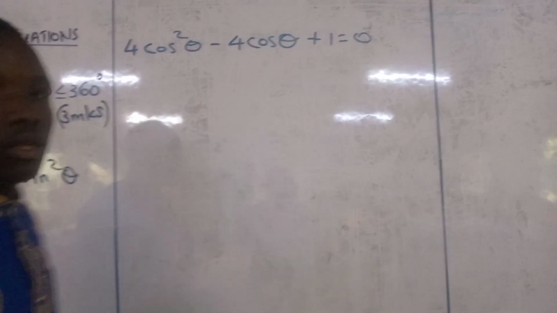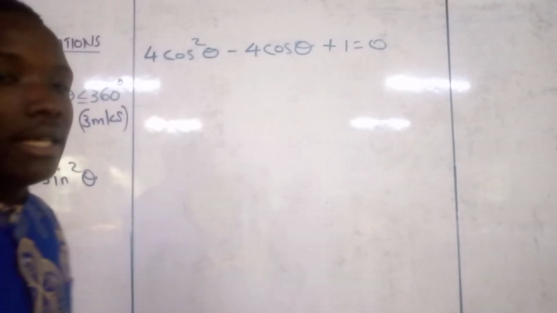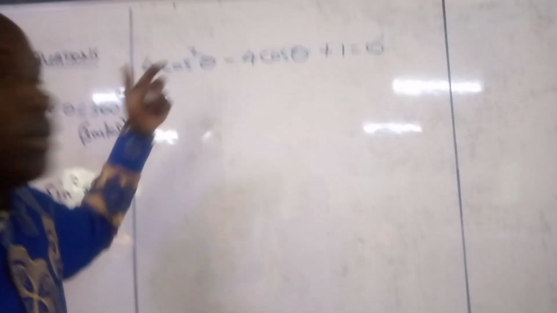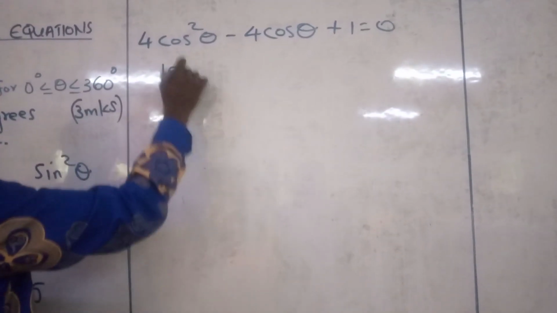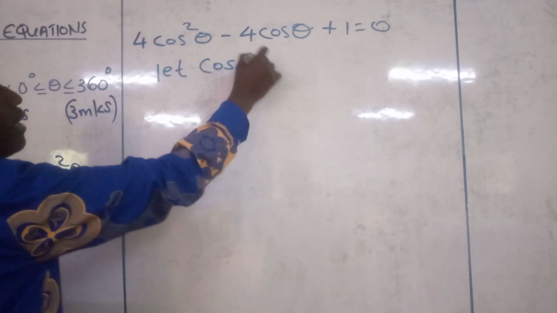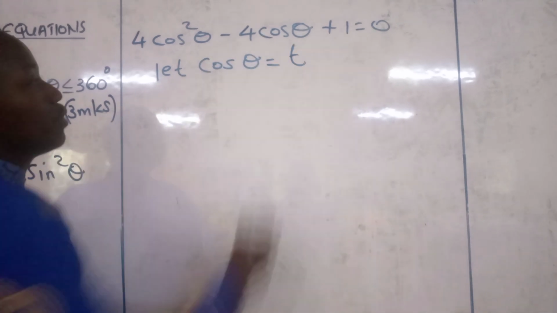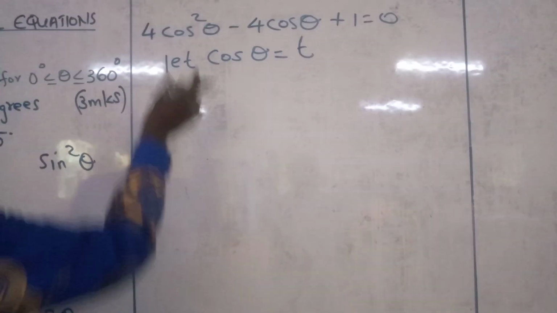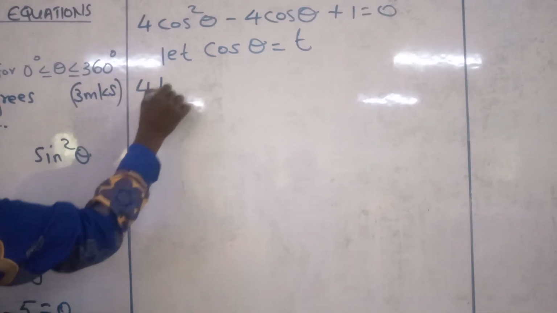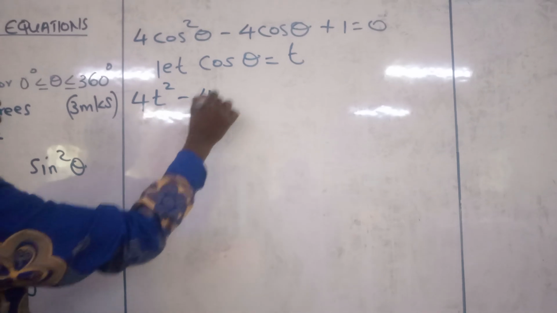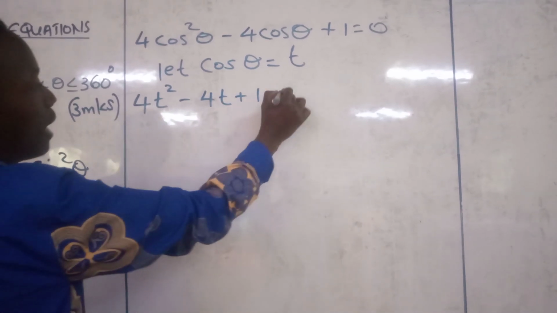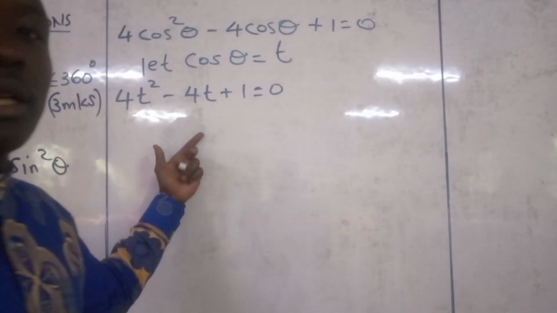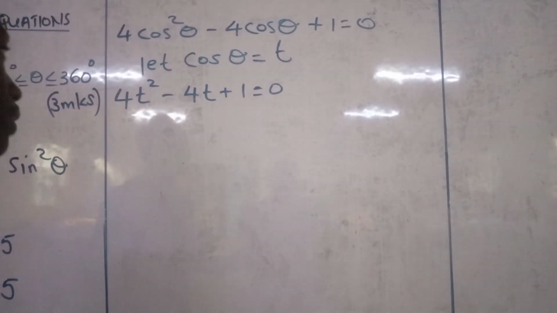So reaching that point, we can decide to compute this as a quadratic equation and say let cos theta be equal to t. So this will give us 4t squared minus 4t plus 1 is equal to 0. That is a quadratic equation. Now we are supposed to solve this quadratic equation.